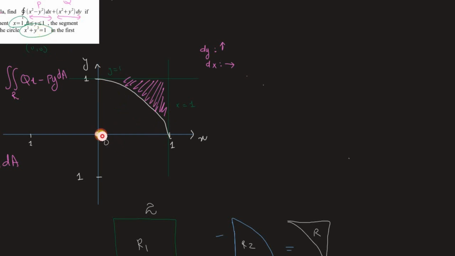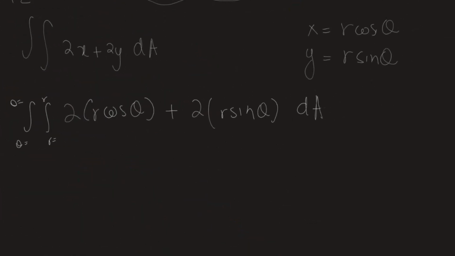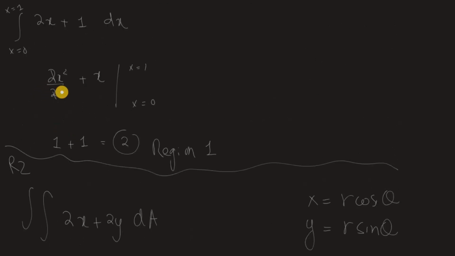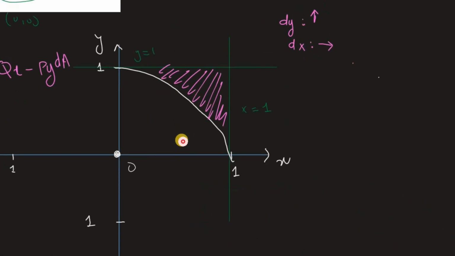This is 1, right? So it's r equals 0 to r equals 1. So the r goes from 0 to 1. And what about the angle? Since it only belongs to the first quadrant, we start at 0 and we finish at the first quadrant, 90 degrees, which is pi over 2.